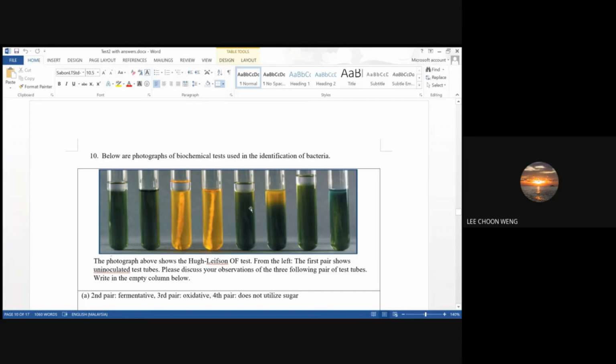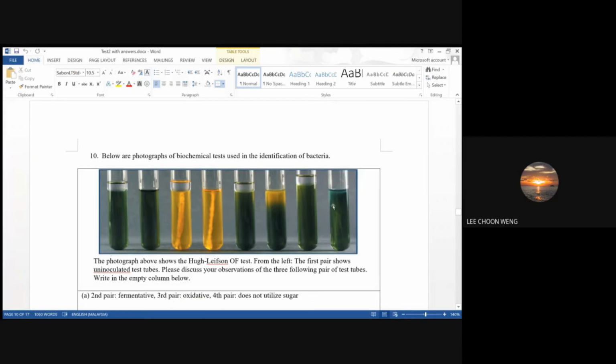Whereas for this one, you can see that only the oxidative tube, the one without the oil layer, has some yellowish tinge here. So this is only oxidative and not fermentative. So this is typical of an oxidative reaction.